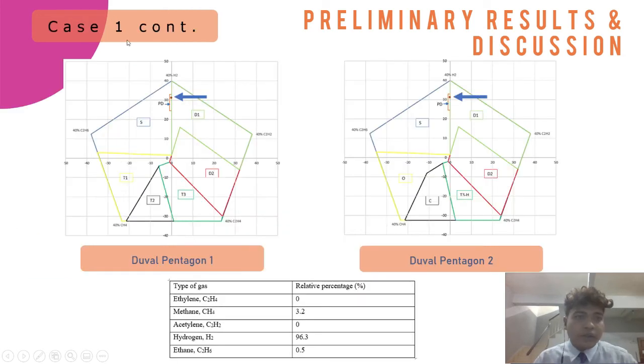Case 1 is then interpreted using the Duval pentagon. Duval pentagon 1 indicates the fault PD, the same as Duval pentagon 2: partial corona discharge.